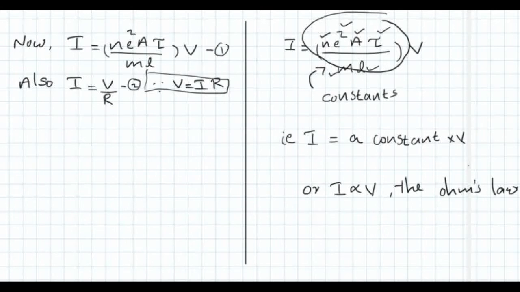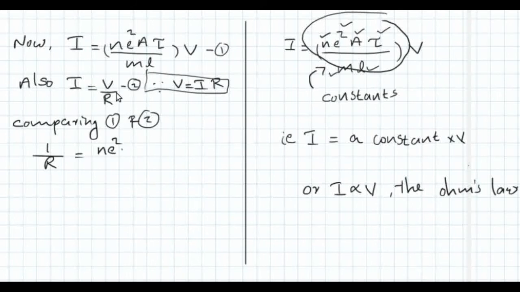So now we have two equations for current. The first equation is N E square A tau by ML into V. The second one is I is equal to V by R. Now we are comparing these two equations.